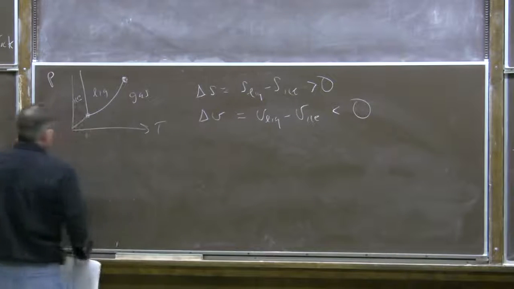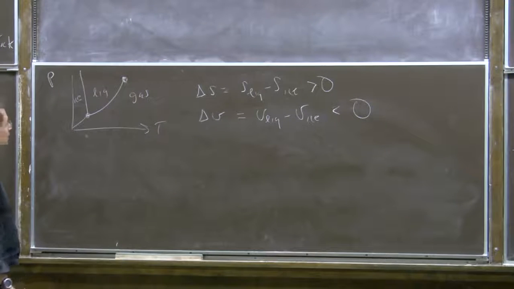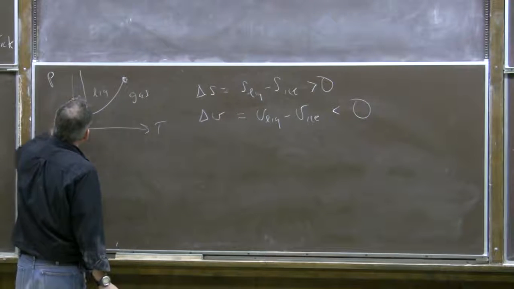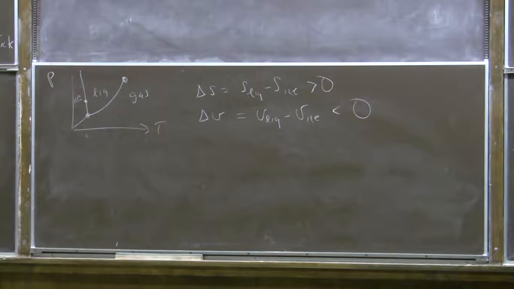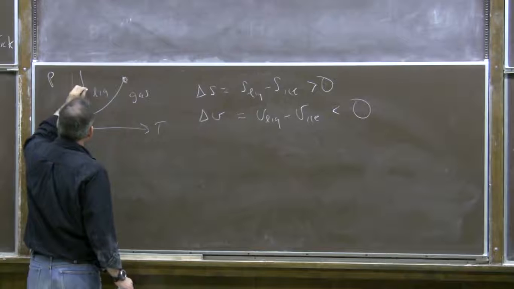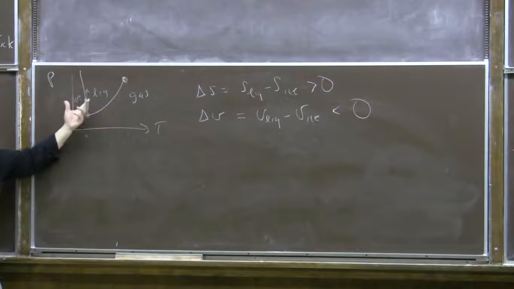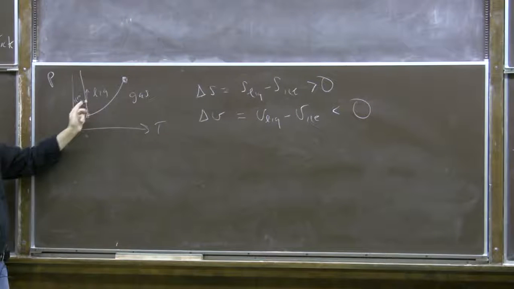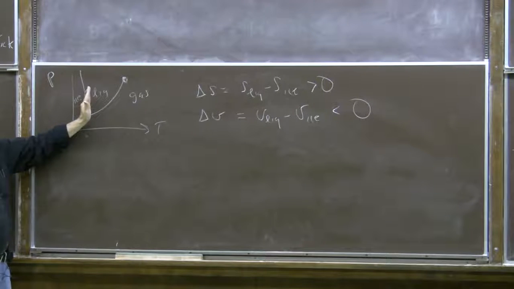Of course, what it means is that if I sit on the coexistence curve and then press down on the ice to increase the pressure, that lowers the melting temperature, so increasing the pressure will actually convert ice to water, which means we can do what?